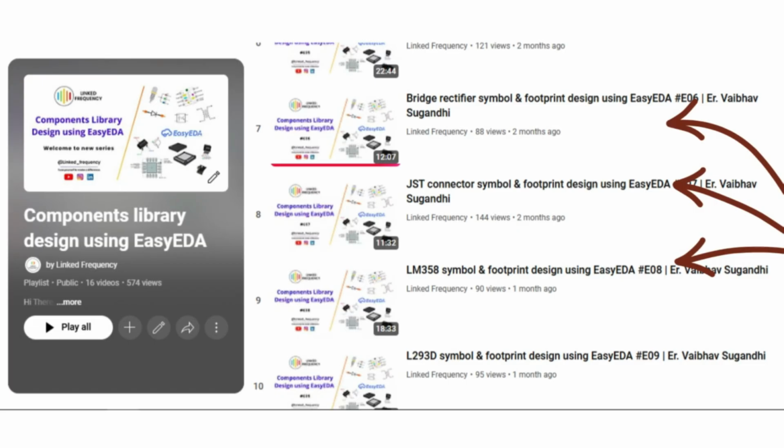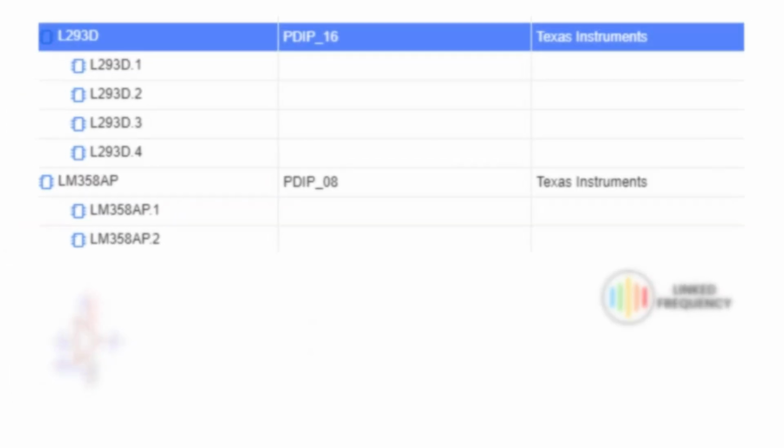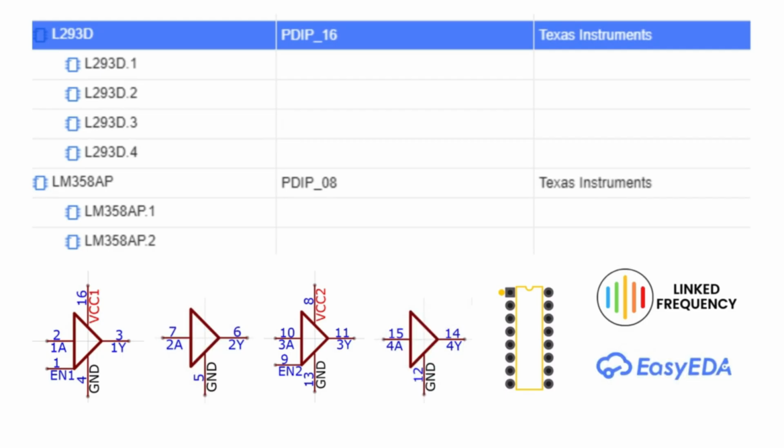2W10 bridge rectifier, JST connectors, and LM358 schematic symbols and PCB footprints are some of the most amazing ones in the entire through-hole category of components. For creating sub-parts for schematic symbol design, we started from the L293D 16-pin DIP package IC.